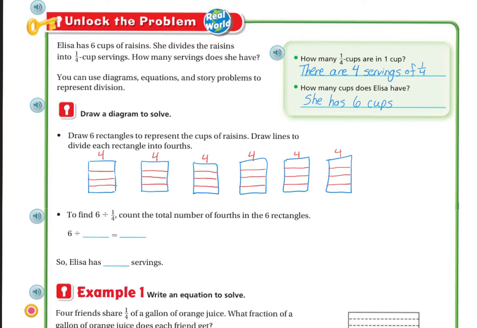Here we go. 4, 8, 12, 16, 20, and 24. To find 6 divided by 1/4, we count the total number of fourths in all 6 rectangles. So 6 divided by 1/4 equals 24. So Elisa has 24 servings.